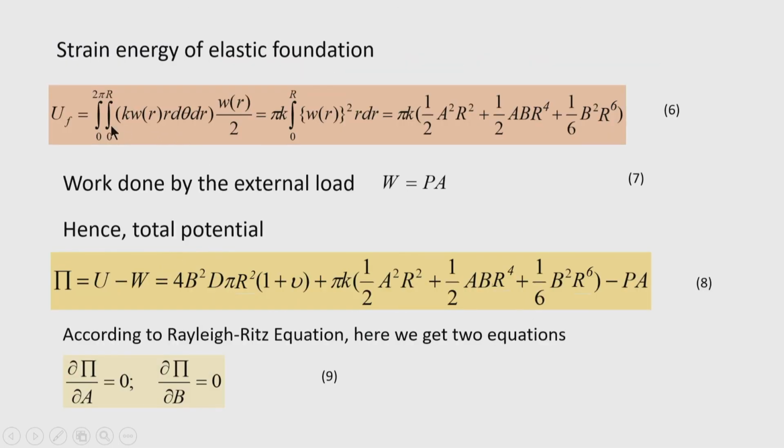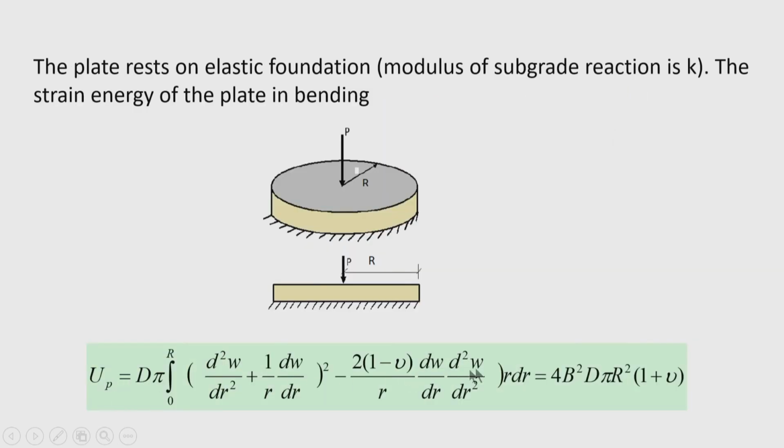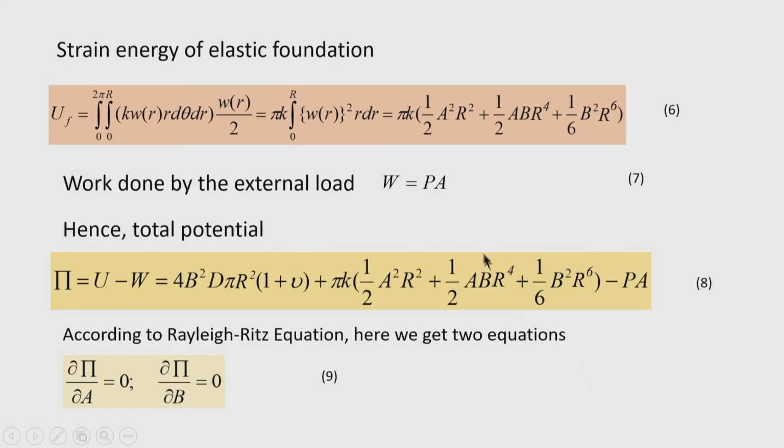So, the strain energy of the foundation contains this term plus half a b r square plus 1 by 6 b square r to the power 6. Okay. So, that expression now has to be added to the strain energy of the plate. So, the strain energy of the plate is this. Next we add the strain energy of the foundation to get the total strain energy of the plate and foundation.